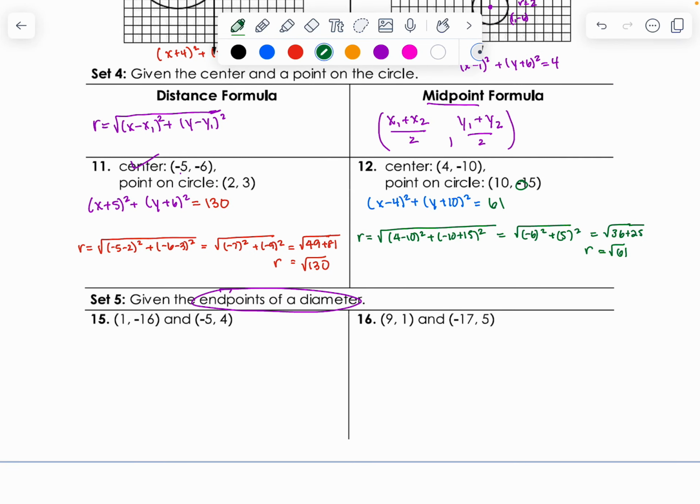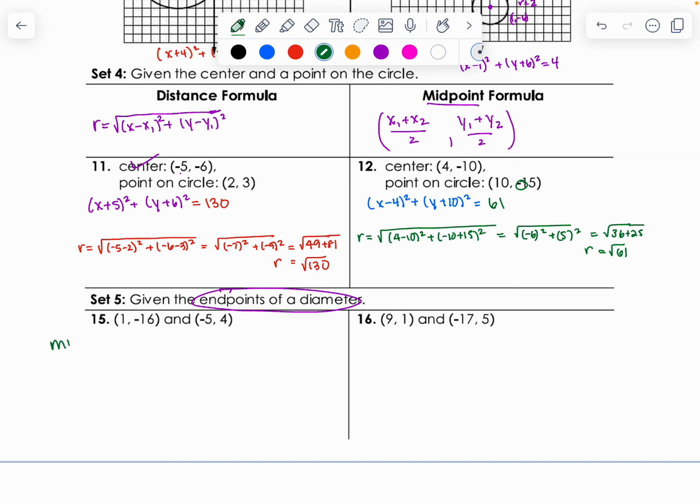All right, to wrap up our notes here with the endpoints of a diameter, you're going to want to find the middle. Once you find the middle, then you're going to want to find the length from the radius, or you can do the distance formula between the endpoints of the diameter and then take half of that and square it, whichever you prefer.